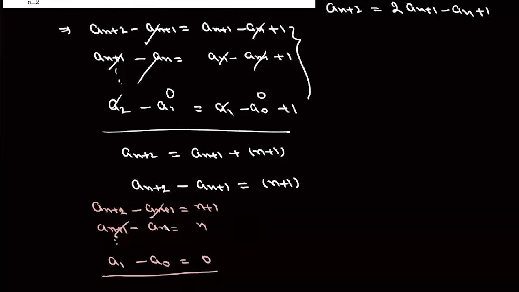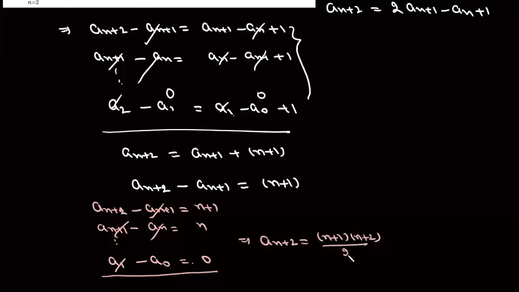If we again add them all up, we'll get this result as an plus 2, a1 is 0, and this is 1 plus 2 plus 3 up to n plus 1. So this is the sum of the first n plus 1 numbers. So it'll be n plus 1, n plus 2 by 2, or simply we can write an as n into n minus 1 by 2. So we have our an as n into n minus 1 by 2.